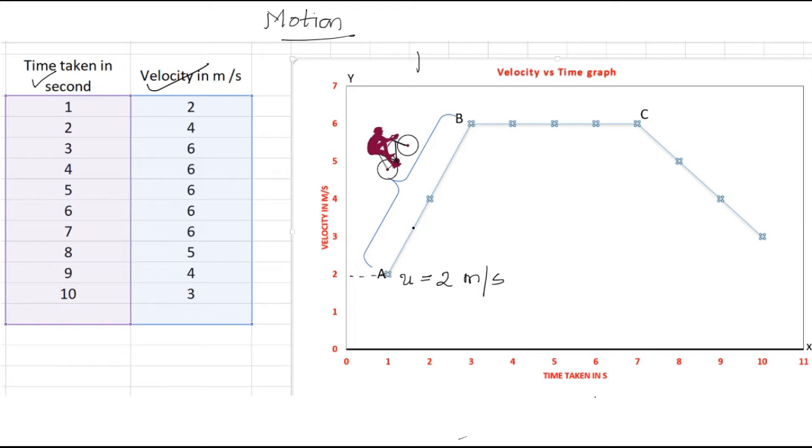In this example, when you take the motion of this body from A to B, the final velocity becomes 6 meter per second. And what is the algebraic letter we use for the final velocity? V. And we have studied that there is a steady increase in velocity from A to B.